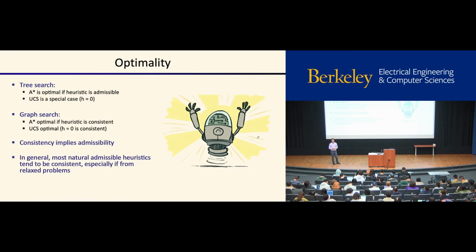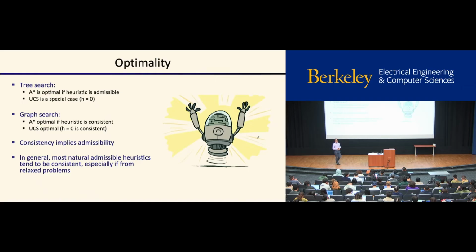More questions? Yep. If it's admissible and consistent, is it more optimal, or is it just one or the other? If it's consistent, it's admissible for free. Oh, it implies that, right? Yeah. If it's consistent, it implies admissibility. If it's admissible, it doesn't imply consistency necessarily. Okay, so only playing one. Yeah.